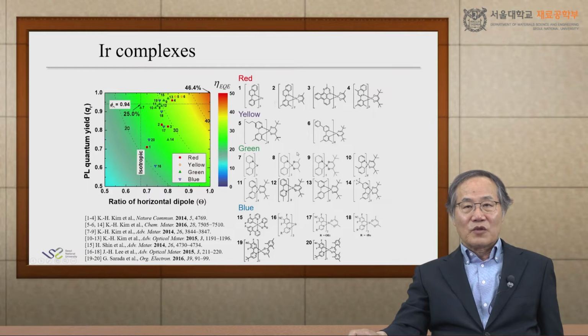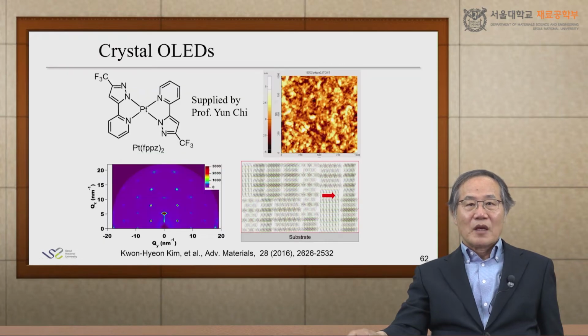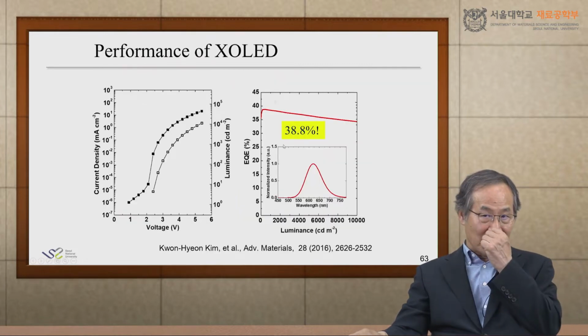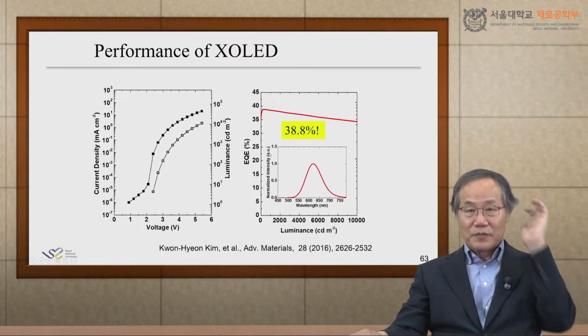Also, in the device we used the exciplex host, and that gives a very good charge balance and exciton formation efficiency of 100%. And then we could get almost perfectly horizontally oriented dipoles using this platinum complex, and the PLQY was also very high to realize the 39% EQE, I'm sorry.